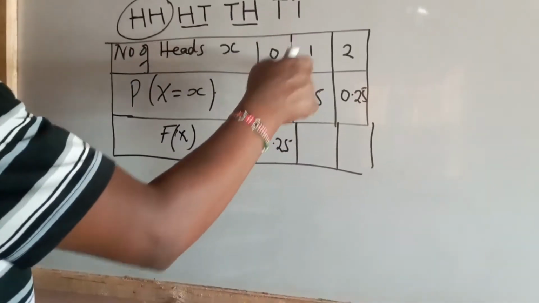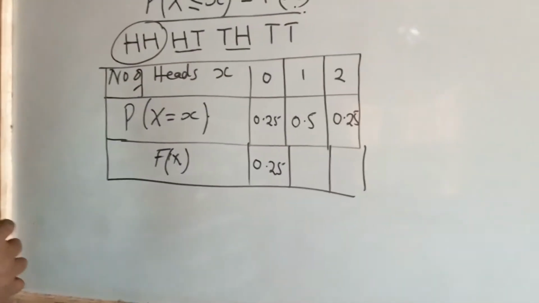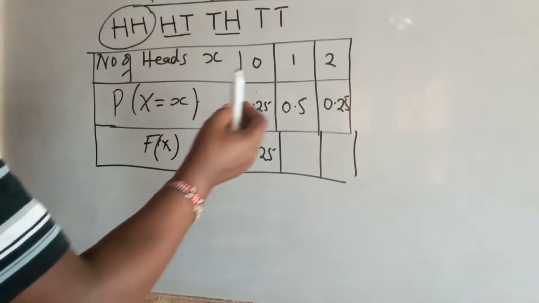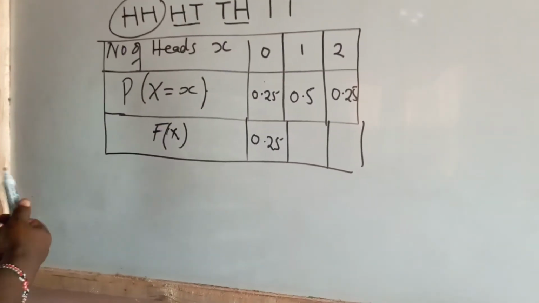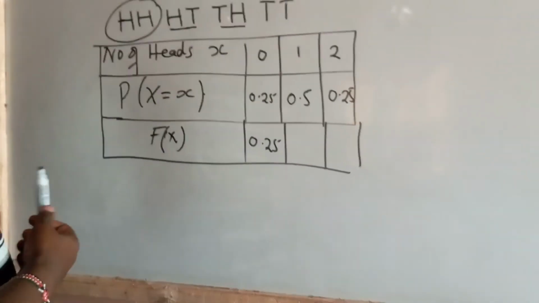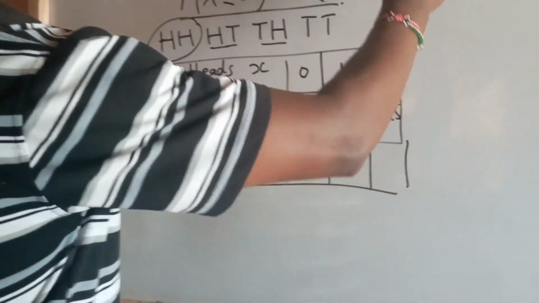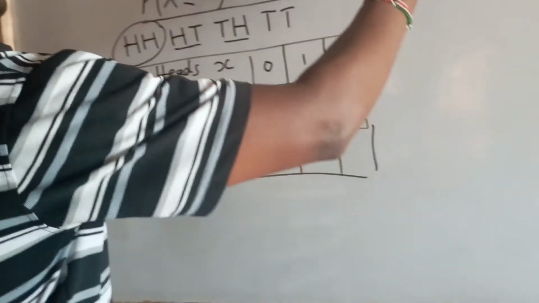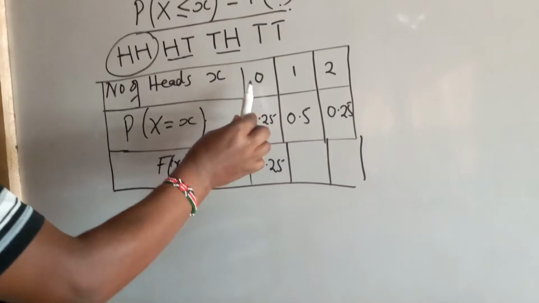But I want us to talk about the function of 1. The function of 1 means X is 1 or anything less than 1. That means it is accommodating even 1. So we are talking about the probability of X being less than or equal to 1. That means before we came to 1, we had a 0.